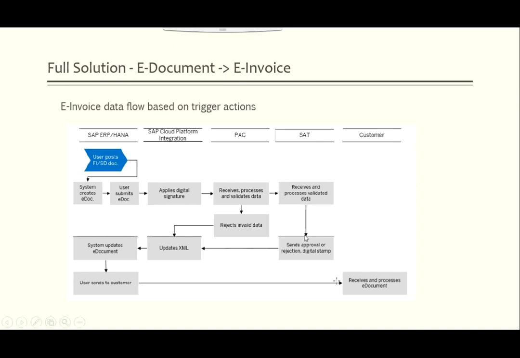Once it is approved by SAT, the data will come to the SAP Cloud Platform, and from there it will come to ERP, where you can see the status update. Once the XML file is approved, we can generate the XML file and the PDF file from the ERP system, and we can transmit that information to the customer for their accounting.